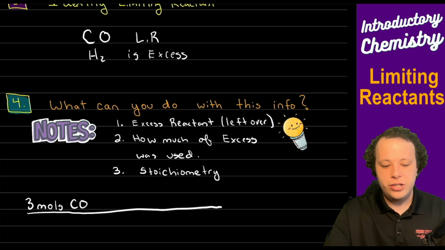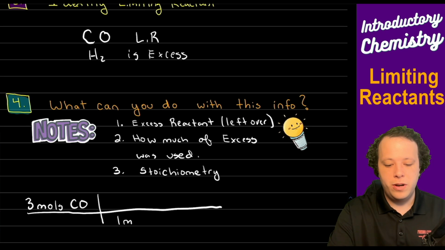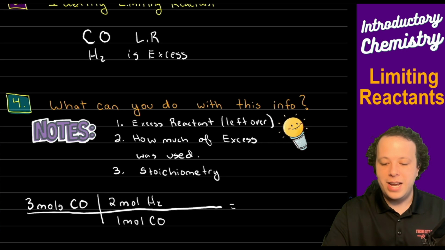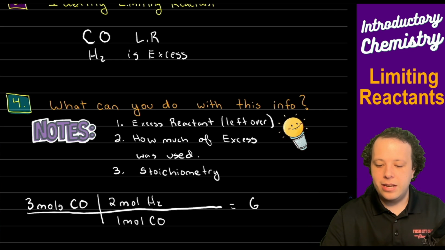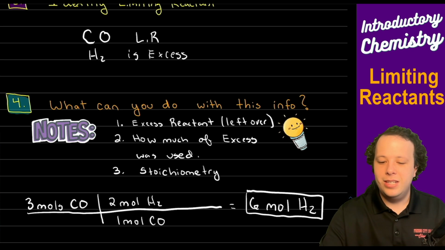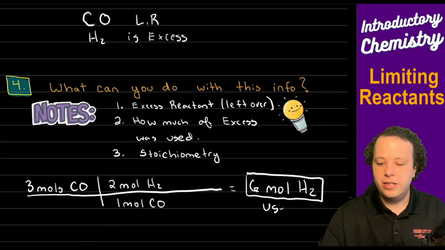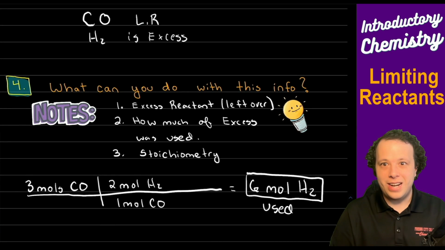So in our original problem, for every 1 mole of CO, we used 2 moles of hydrogen to react. When we do that math here, we can see that in the reaction, it reacted with a total of 6 moles of H2. So this is how much was used in the reaction.